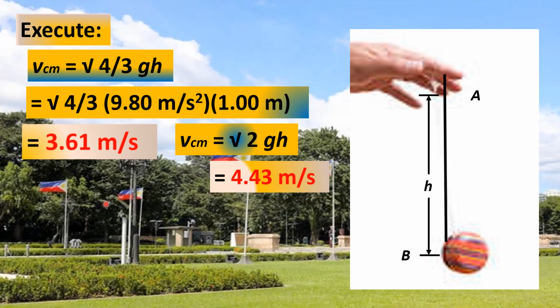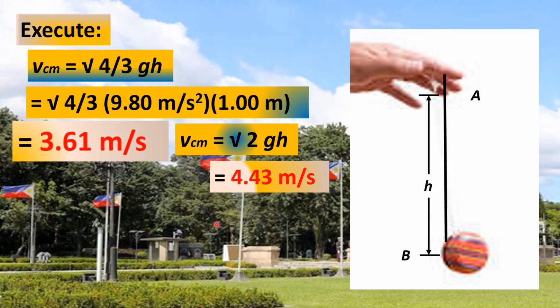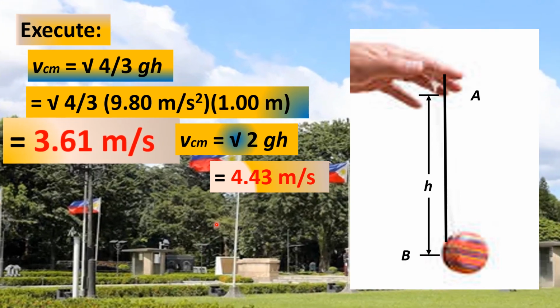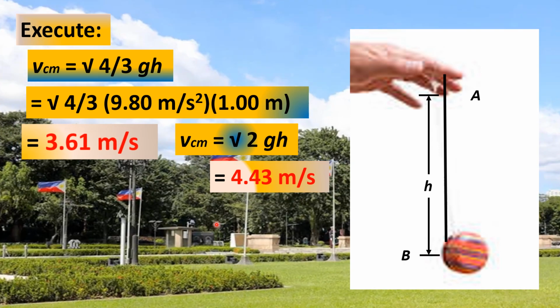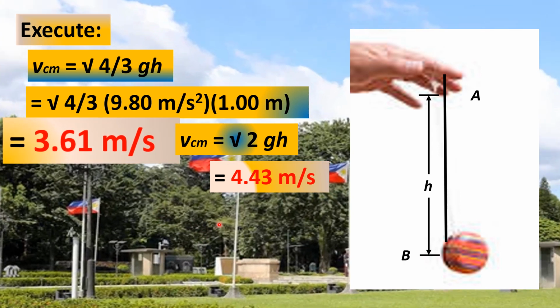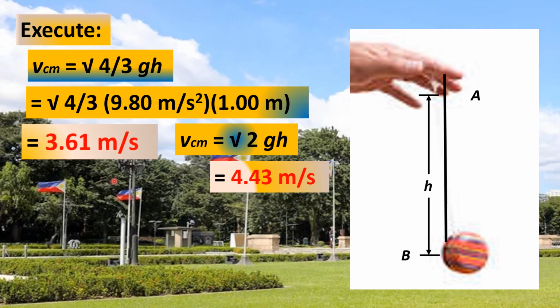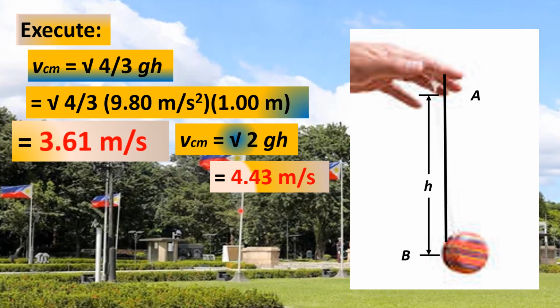We say that the speed of a body when it is rotating at the same time translating is going to be less as compared to when it's just translating.